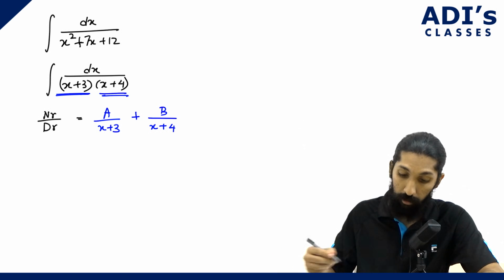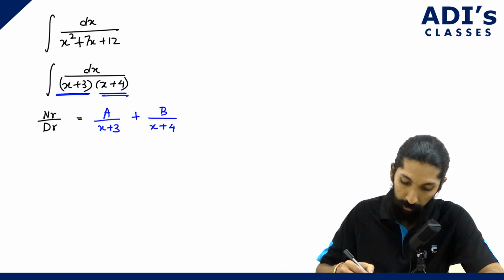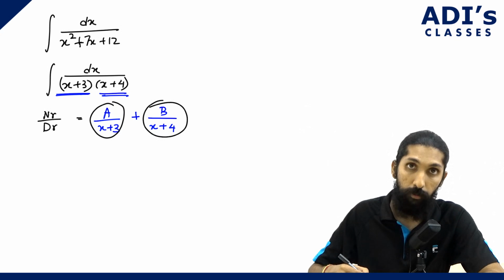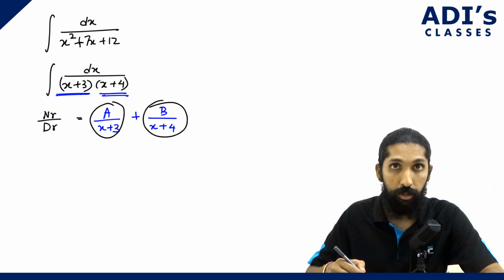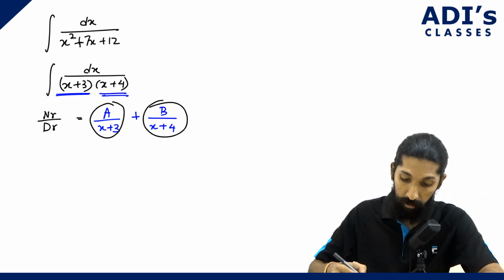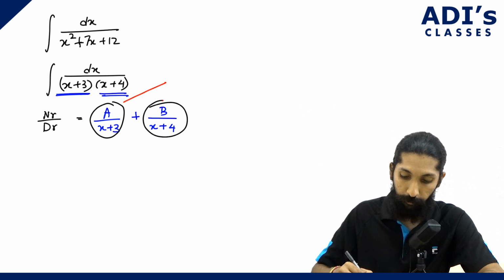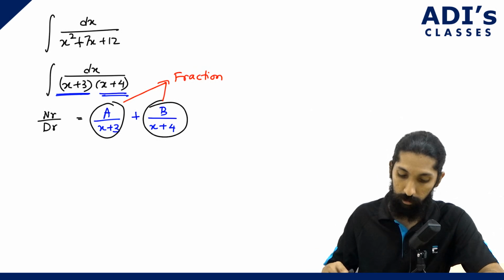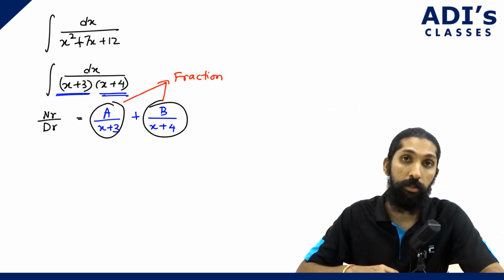As you can see, the two factors, we are writing as two fractions. This is why this method is called partial fraction. The whole reason is we are writing it as a part of a fraction, even though that's not the actual meaning of the word partial fraction.